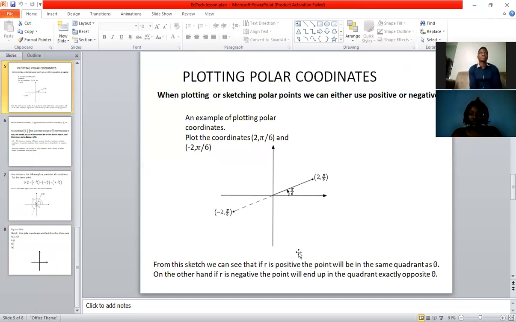Now we are going to the point of plotting. When you are told polar, what do you get? The polar, you know, is of chemistry. Now we are in the sense of math.